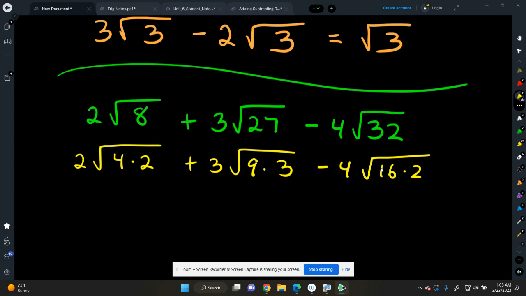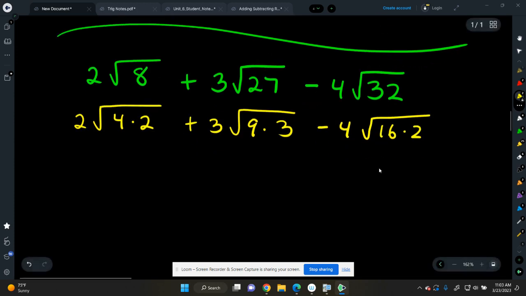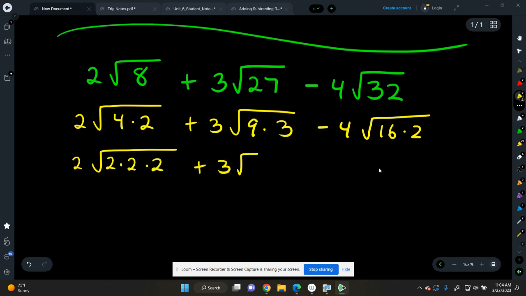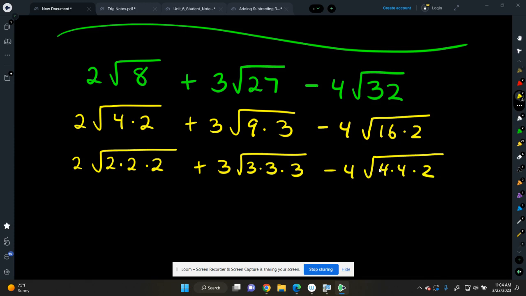So I'm going to write this out so everybody follows what we've done here. 4 is 2 times 2, and then we've got 9, which is 3 times 3, and we've got 16, which is 4 times 4. Okay. So we take our pairs out.